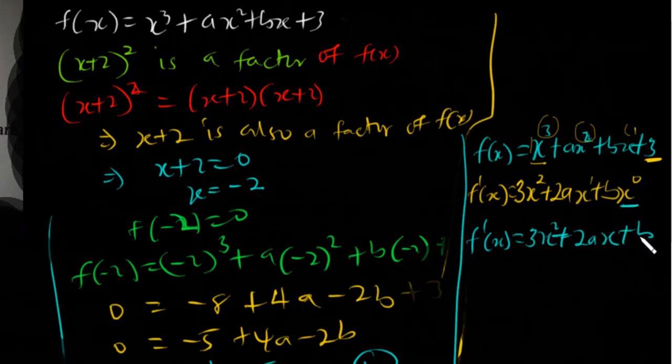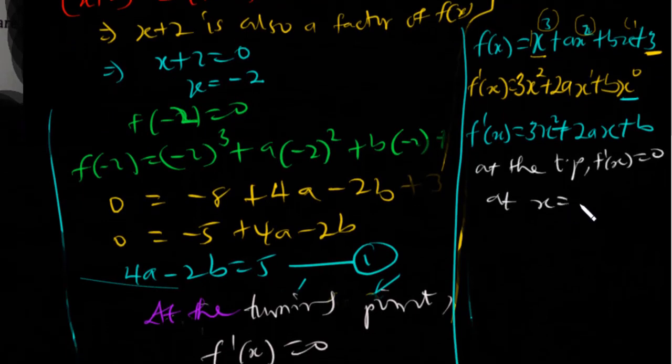So we have this. But we know that at the turning point, f prime of x equals 0. And we know that one of the turning points is happening where x equals -2, because at the repeated root we have one of the turning points occurring there.